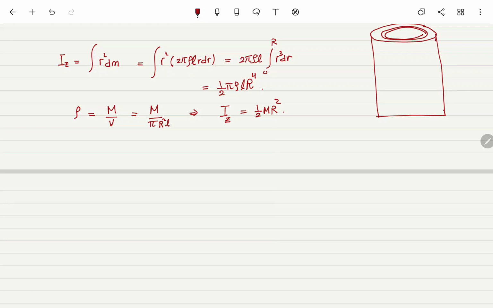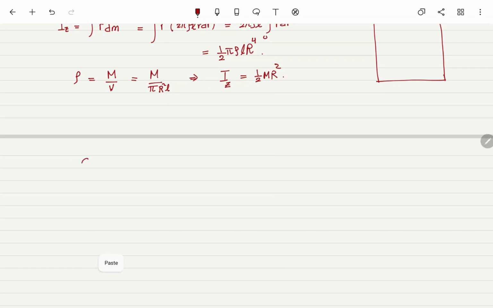Now, for instance, for a cylindrical shell, the moment of inertia about its center is equal to m r square.